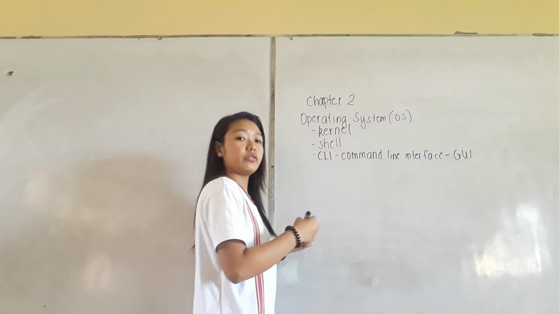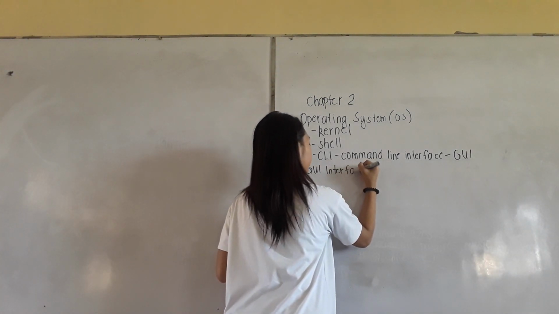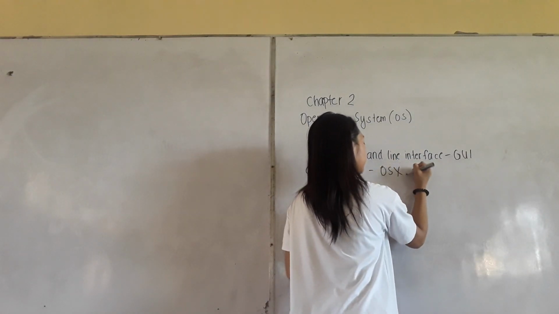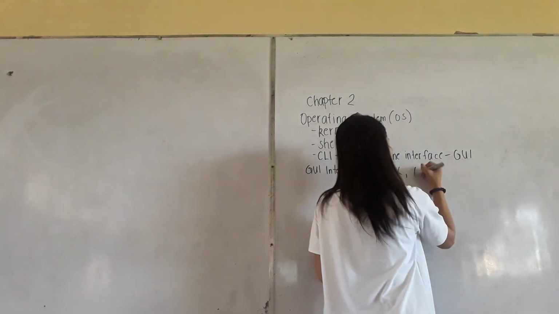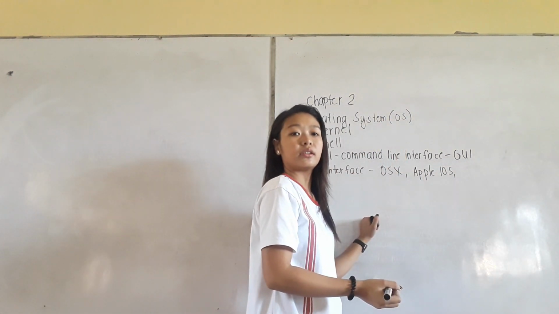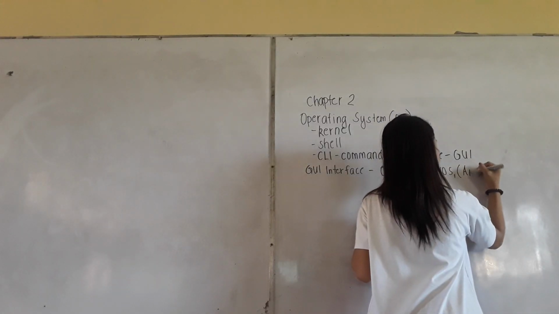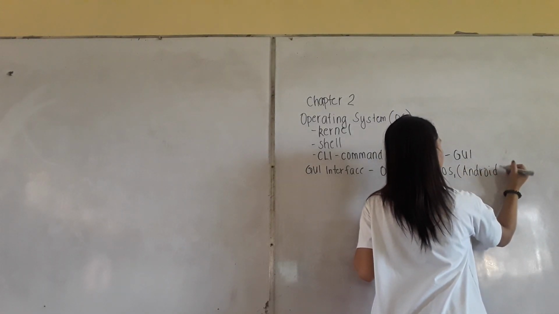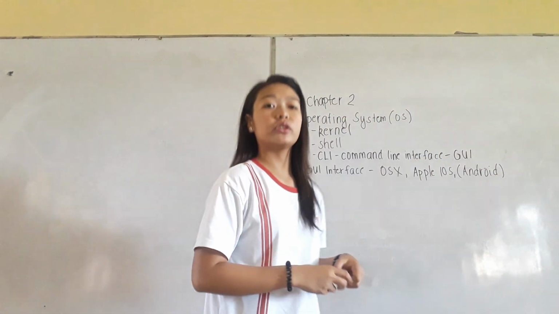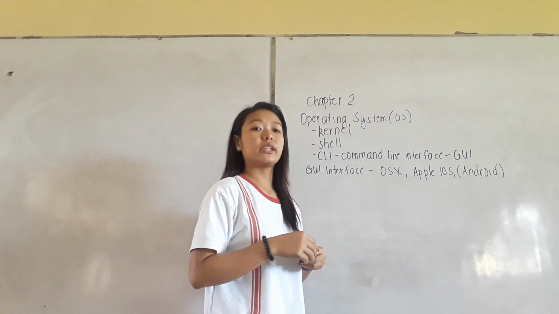So for GUI interface, we have the OS X, then the Apple iOS, or the Android. Those three allow the user to interact with the system using an environment of graphical icons, menus, and windows.